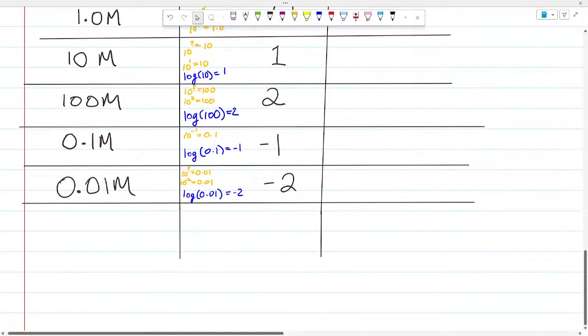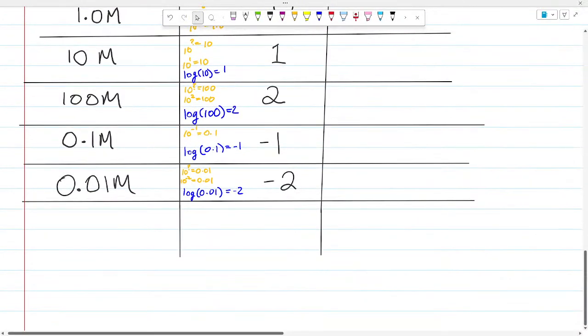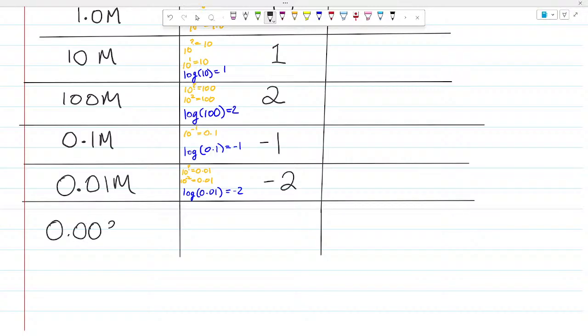By the way, sometimes you're going to get not nice numbers. What if my concentration was 0.00351 molar? Now, I am prepared to bet that you have no idea what exponent of 10 equals 0.00351. Does anyone know?